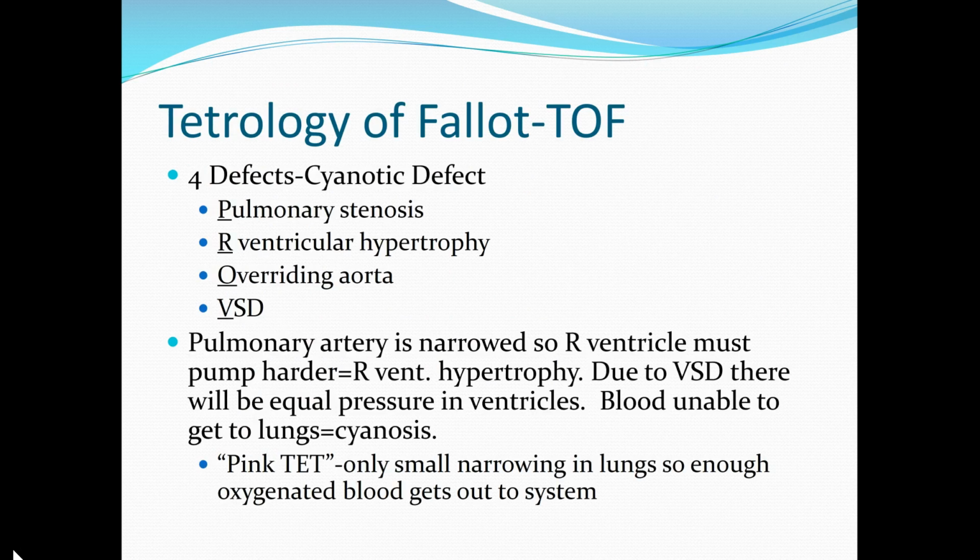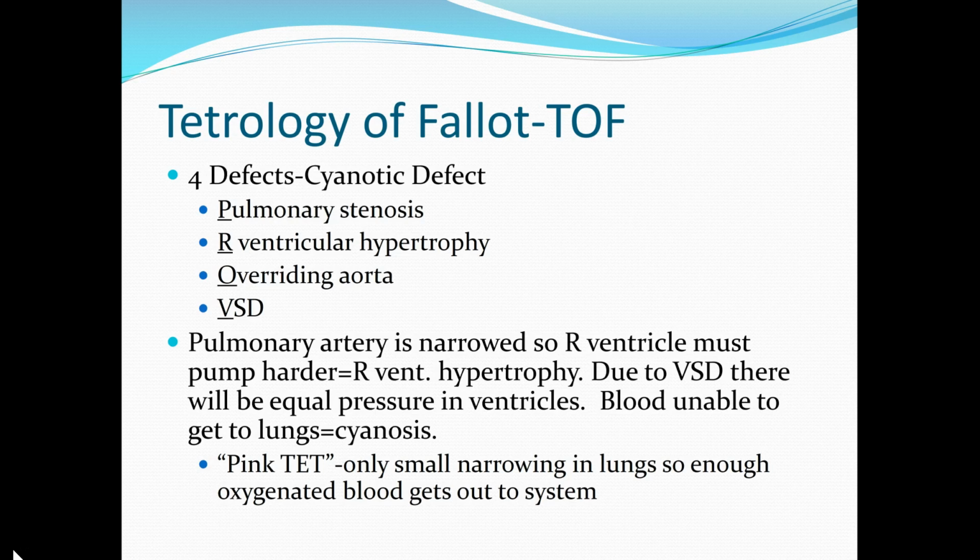All right, so tetralogy of Fallot. This is actually 4 defects in one. So they're going to have pulmonary stenosis, they're going to have right ventricular hypertrophy, they're going to have an overriding aorta, and they're going to have a VSD. So the pulmonary artery is narrowed, so the right ventricle must pump harder. So then you're going to get right ventricle hypertrophy.